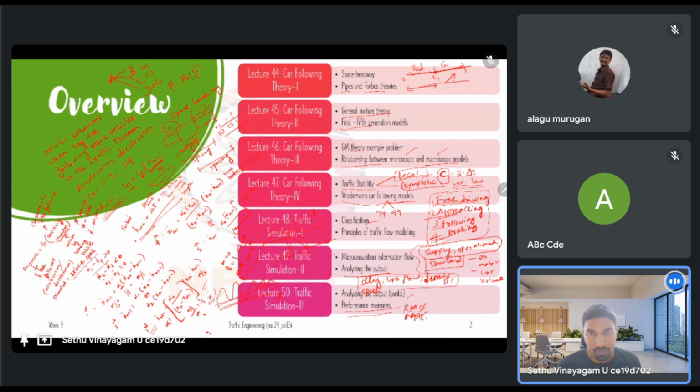You have different measures to compare these values, so compare the stream density or the stream flow from the model with the field values, and see how close these are. Those are the different ways in which we can evaluate traffic simulation models.